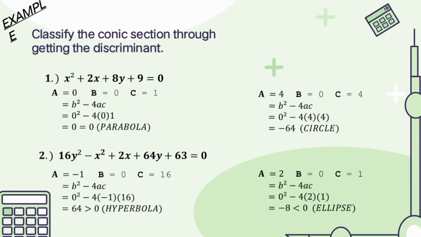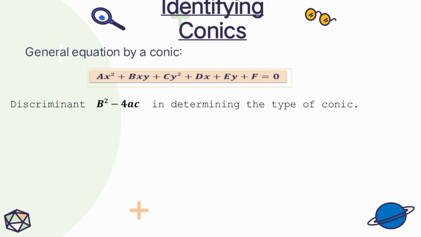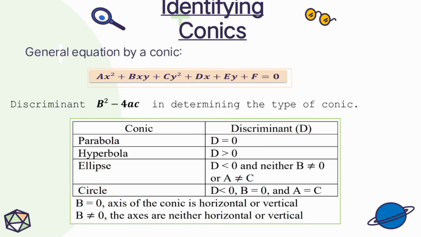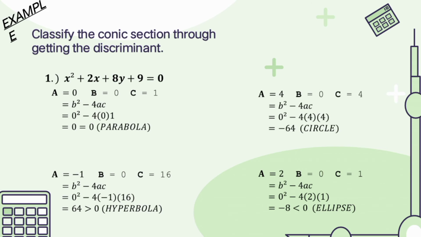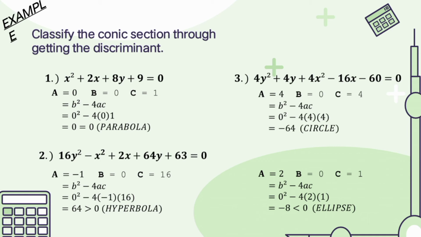So D is equal to 64. Since 64 is greater than 0, by looking at the table, if D is greater than 0, it is a hyperbola. So the given number 2 is an example of a hyperbola.